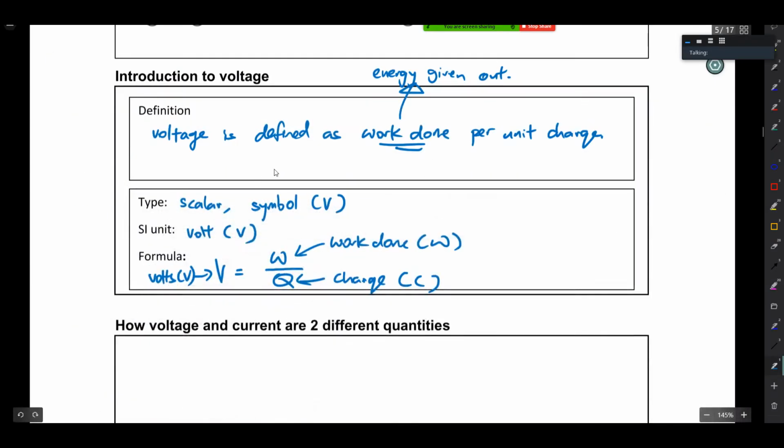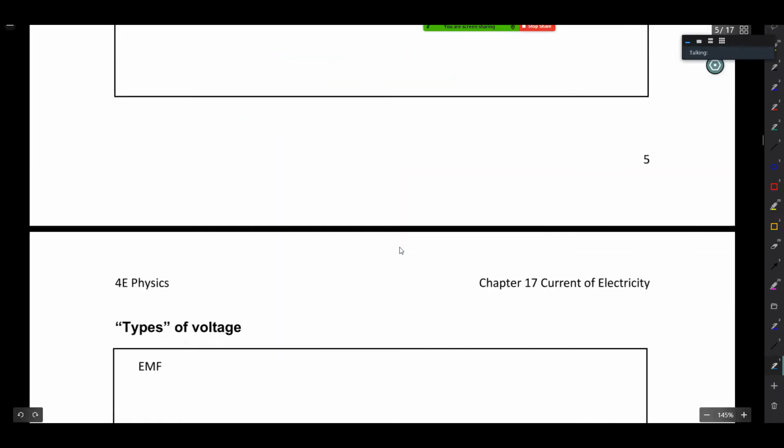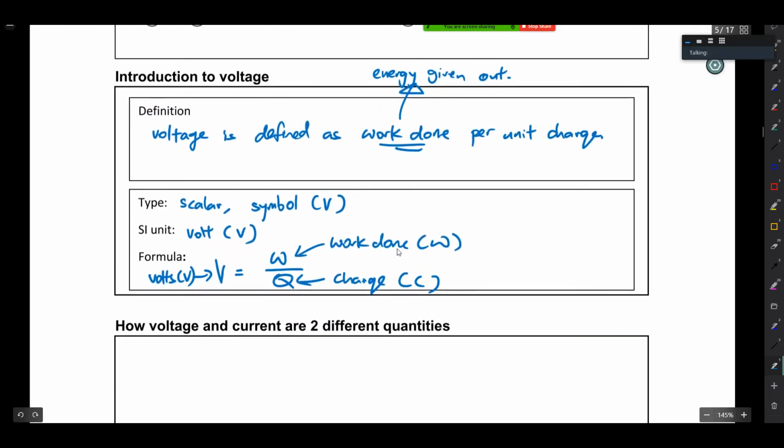So far okay. So what's a scalar? Scalar means no direction, only magnitude, only a number. That means there's no positive or negative voltage. So it's only positive, there's no negative sign. Right, because it's the work done per unit charge. It's kind of like energy. Energy also doesn't have positive or negative, right?